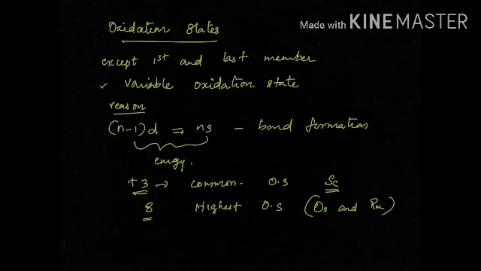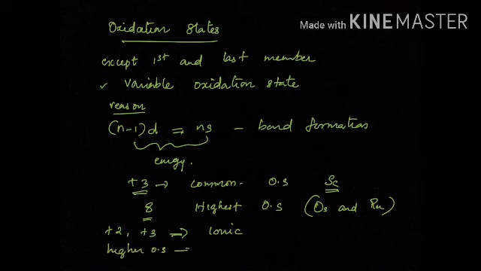The next thing that we need to study is that those elements which exhibit +2 and +3 oxidation states will mostly be in the ionic state. And those elements which have higher oxidation states will commonly be covalent in nature. For example, ZnCl2 is ionic in nature, right?